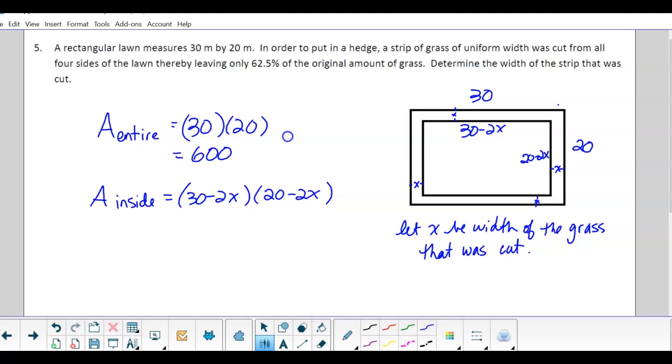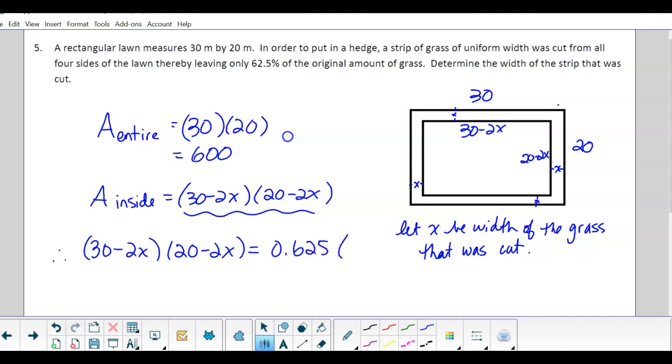And now you have to relate those somehow. So you cut out the grass, leaving only 62.5% of the original amount. So that means this equals 62.5% of this. Therefore, 30 minus 2x times 20 minus 2x equals 0.625 times 600.